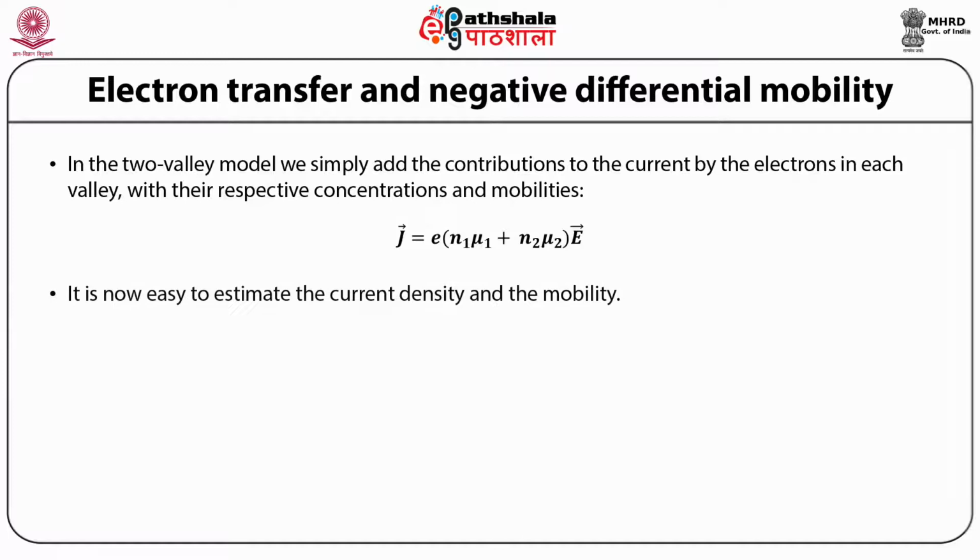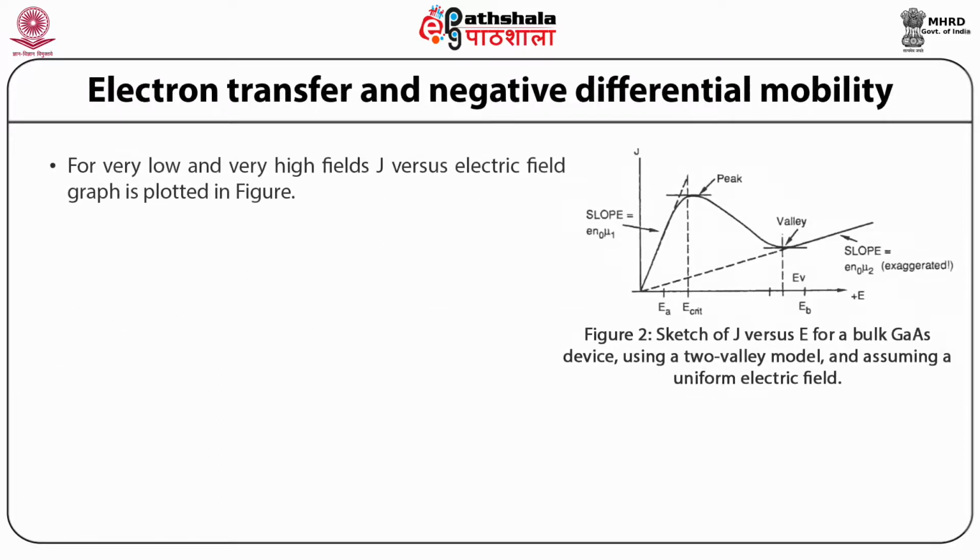It is now easy to estimate the current density and the mobility. So now we introduce an average mobility for all the electrons, that is mu bar. For very low and very high fields, the J versus electric field graph is plotted in this figure.